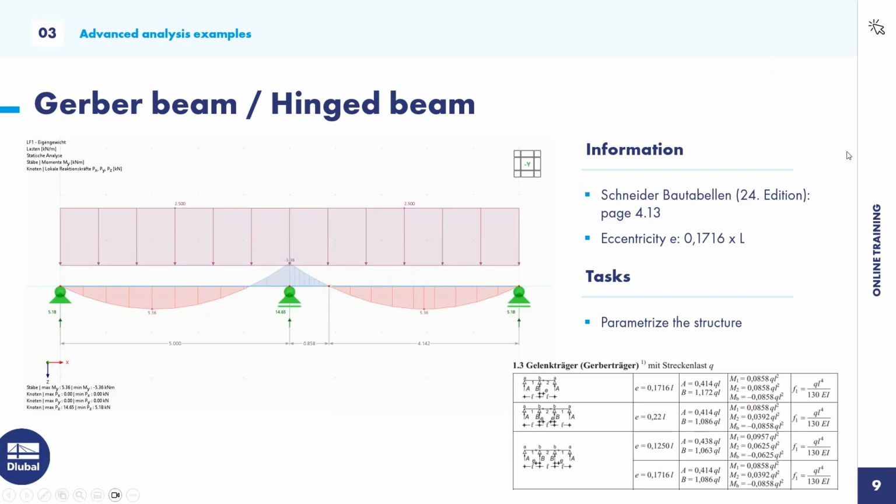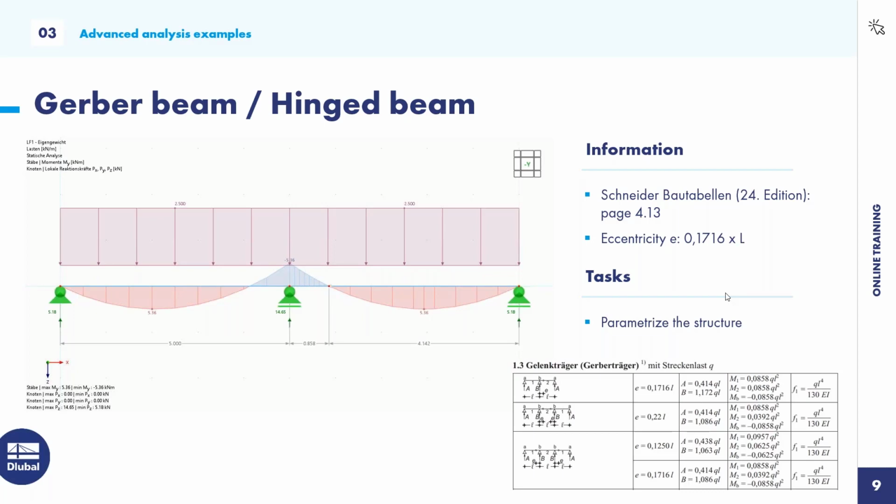At this point, we don't want to reinvent the wheel, so I look into a civil engineering book and find this factor for the eccentricity of this hinge, so where I would need to place it. In Germany, we have a very famous book to look up such information, the Schneider-Bautabellen. Here you find the reference, but where you live, you probably use other design books that have similar information.